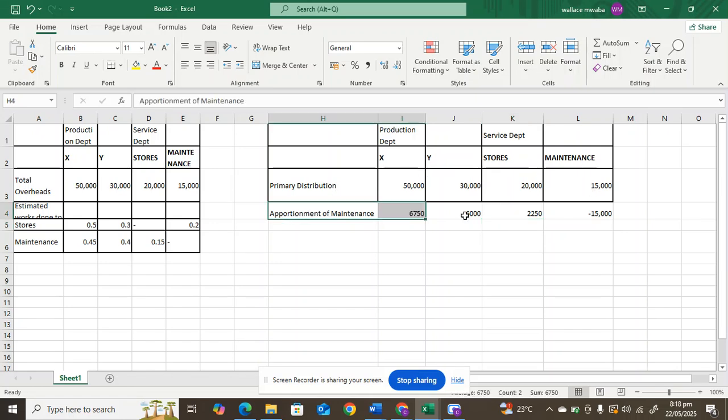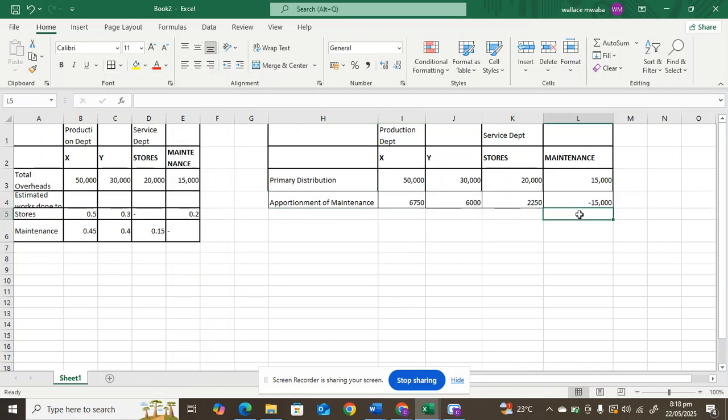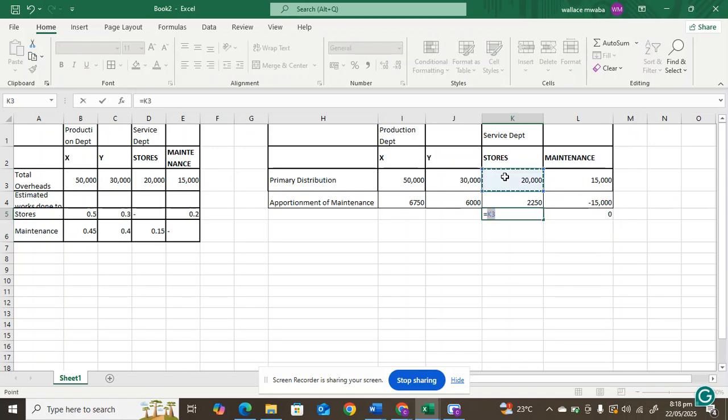So what we need to do now is get our new totals. If you add 15,000 plus negative 15,000, you get 0. Add 20,000 plus 2,250, you get 22,250.